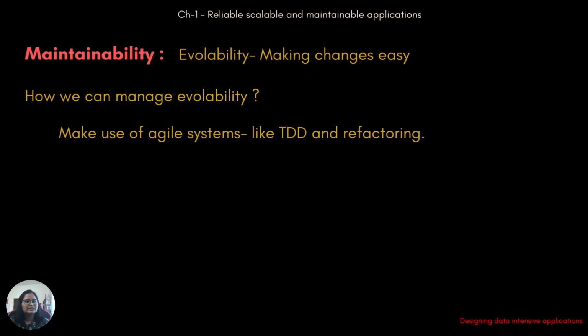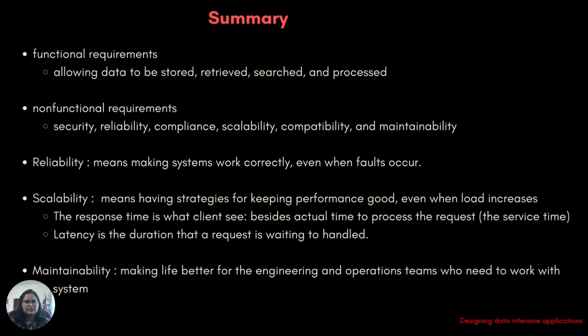So, by discussing this point, we come to the end of the first chapter. Let's recap the points we discussed until now with the help of a summary. In this chapter, we have explored some fundamental ways of thinking about data-intensive applications. An application has to meet various requirements in order to be useful.